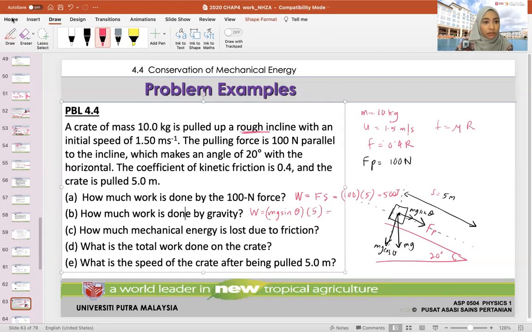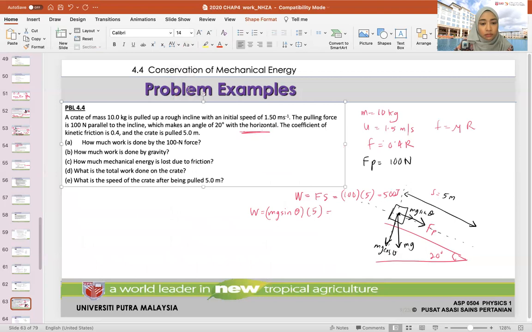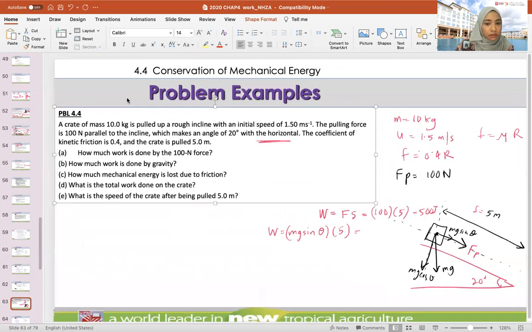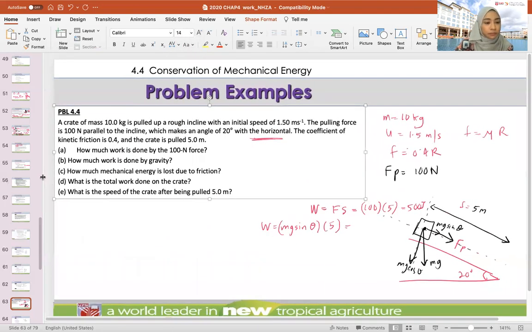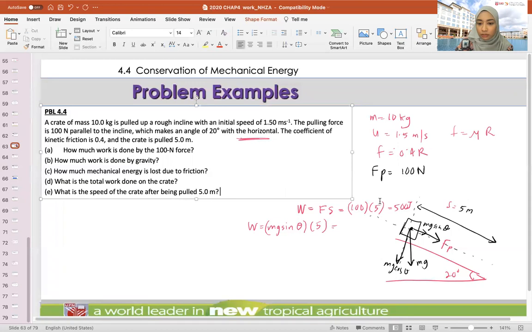I need more space. Can I make this smaller? Oops, too small. Okay, let's work this. I hope you guys can still see this. What did we have earlier? Let me rearrange this as well. Wait, don't move.